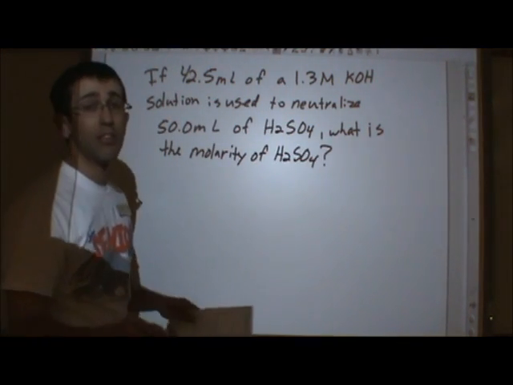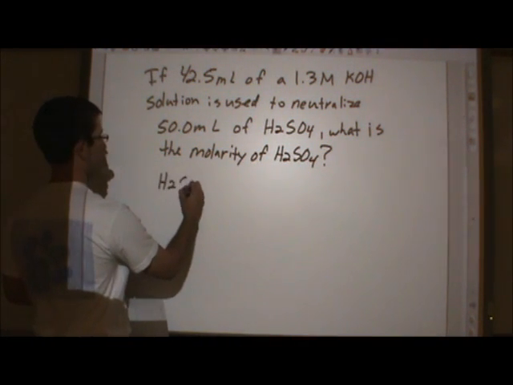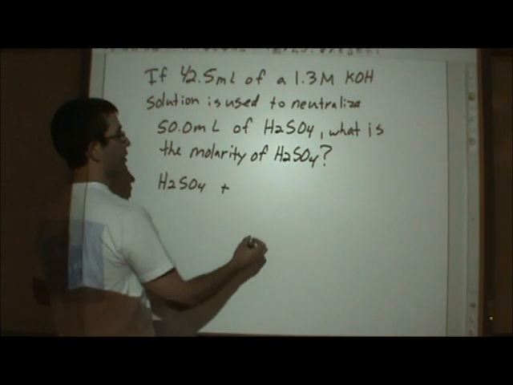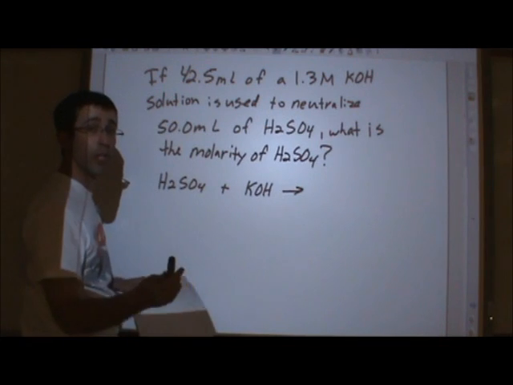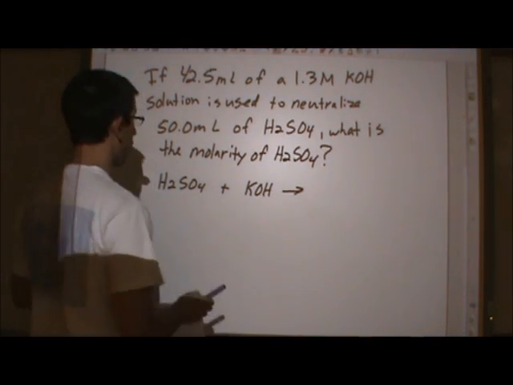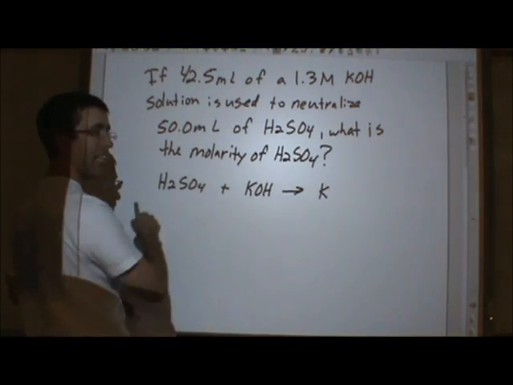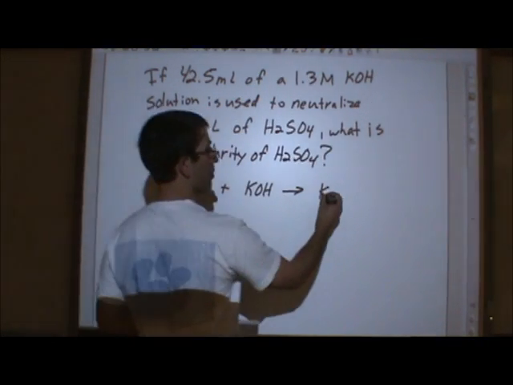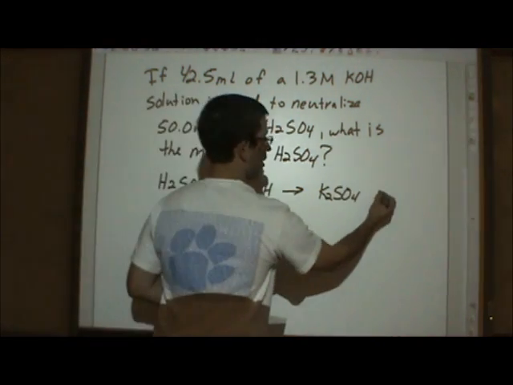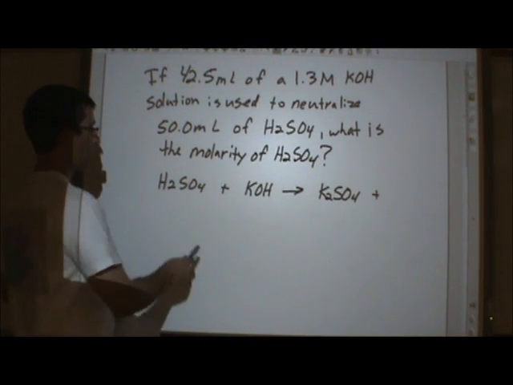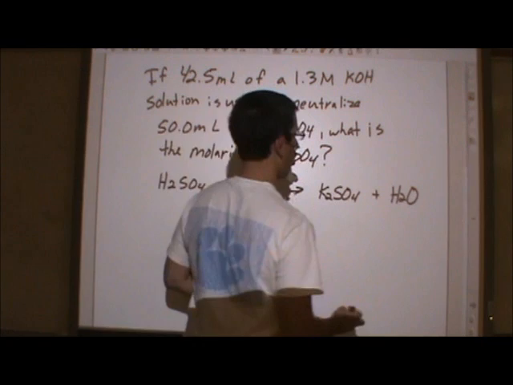So what's the molarity of our H2SO4, our acid? All right, first thing you have to do, you have to have a balanced equation. So we have H2SO4 plus KOH. Neutralization reaction, what do we know it makes? Salt and water. So potassium is just K plus, SO4 is 2 negative, so this is going to be K2SO4 plus, well, our waters need to be made, so H2O.